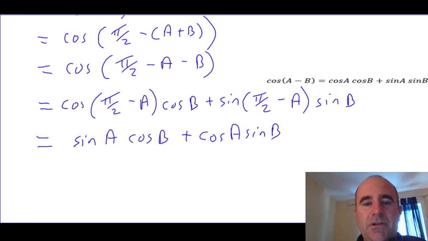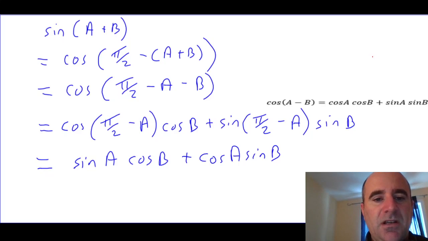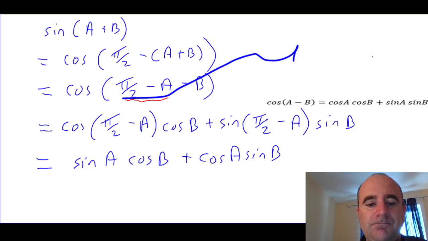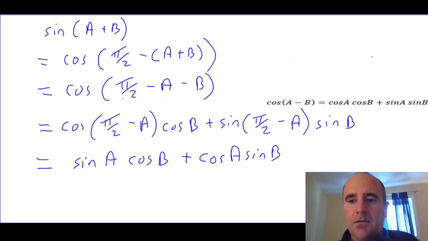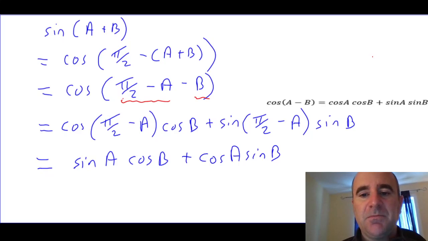I'm just going to go over one little part, because the most complicated part about this proof is the fact that when we go from this line to this line, our A value here is pi over 2 minus A, and our B value is just the B in this equation right here.